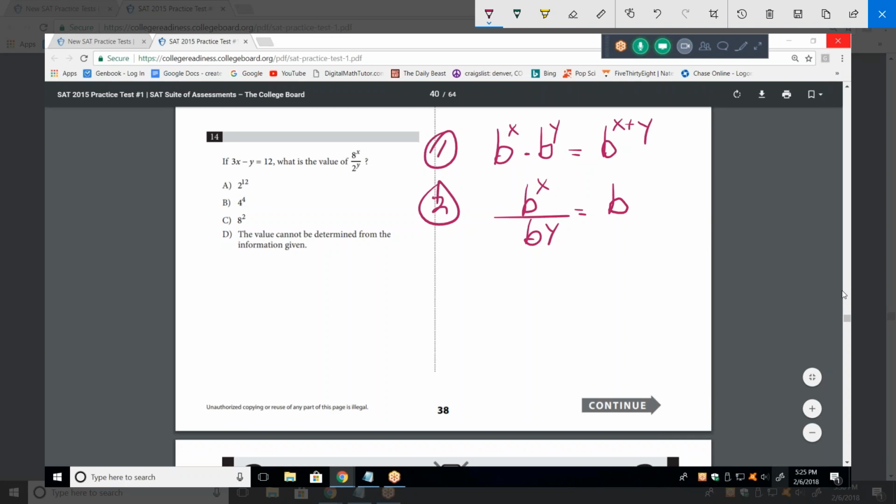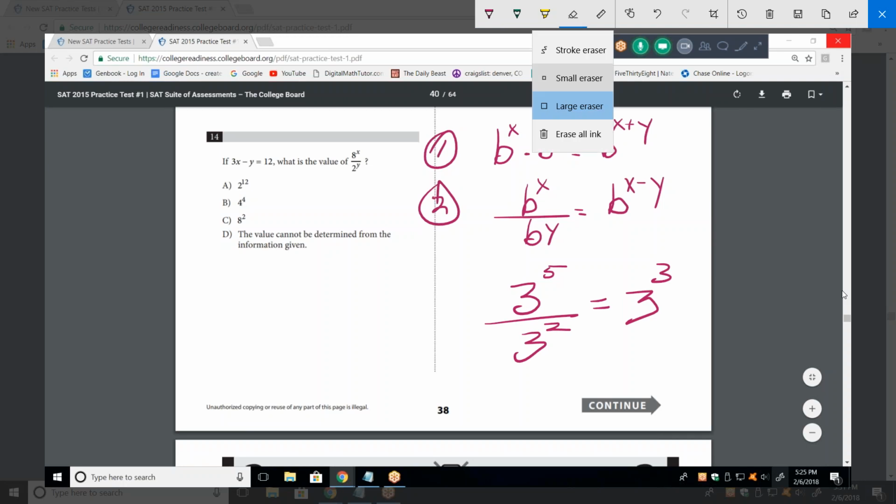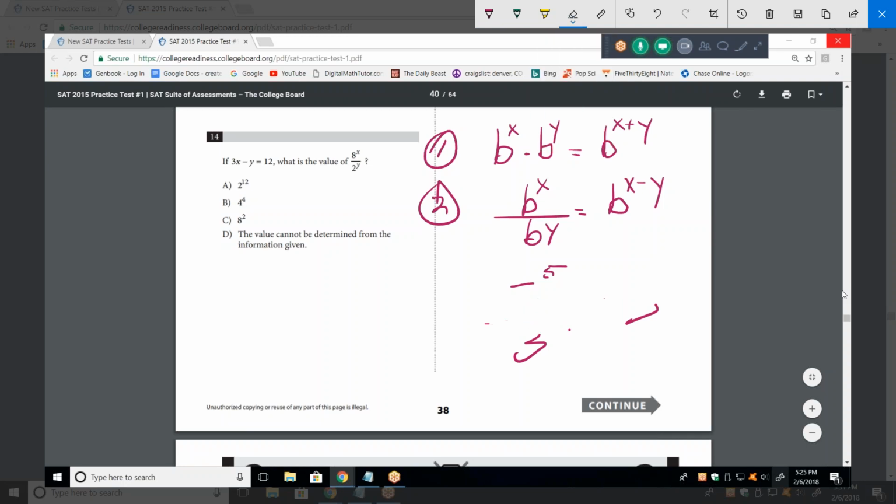In the second one, I'm dividing the bases, so I'm never dividing the exponents, I am subtracting them. So 3 to the 5th divided by 3 to the 2nd equals 3 to the 3rd. It's rule number 2, the most important one.